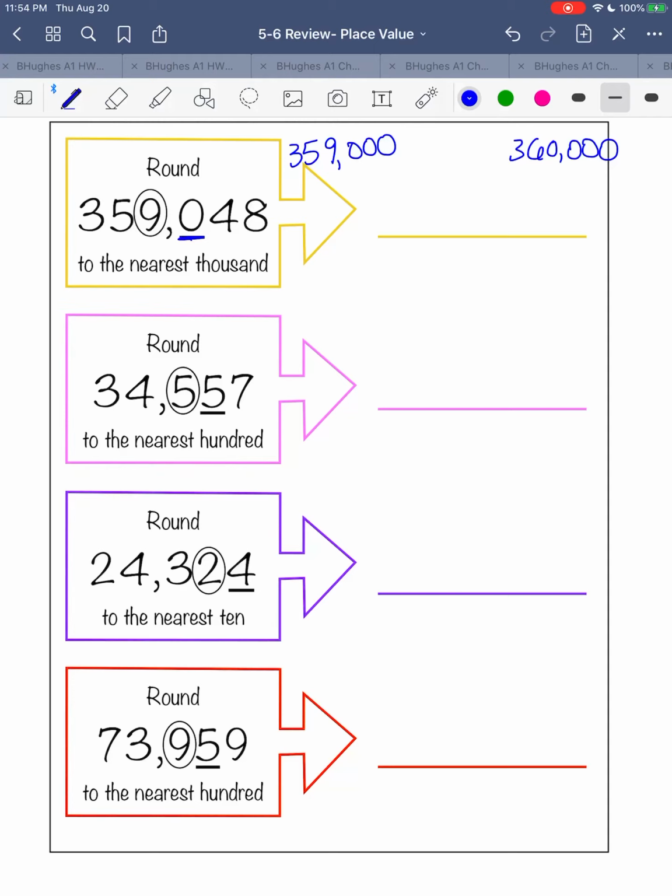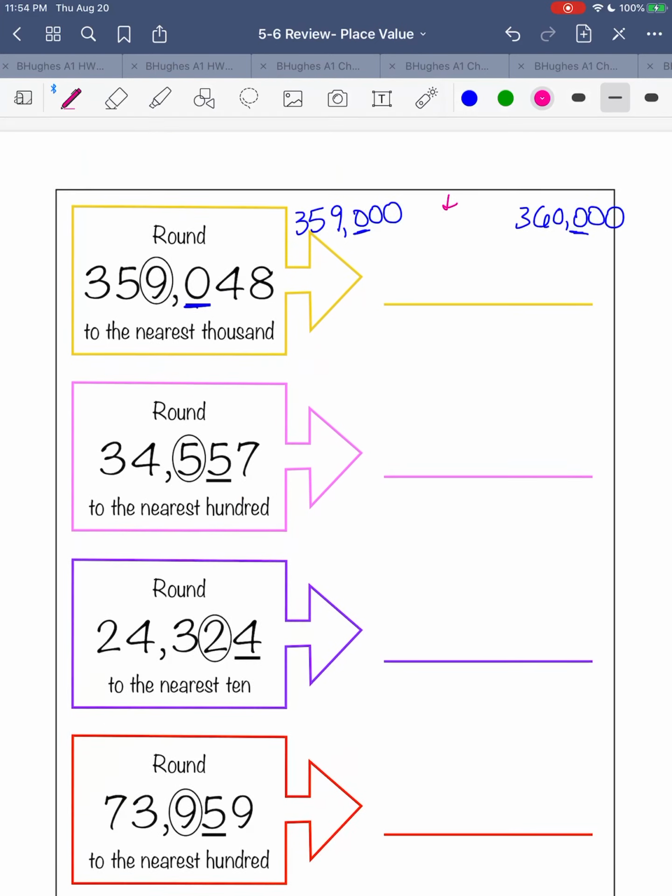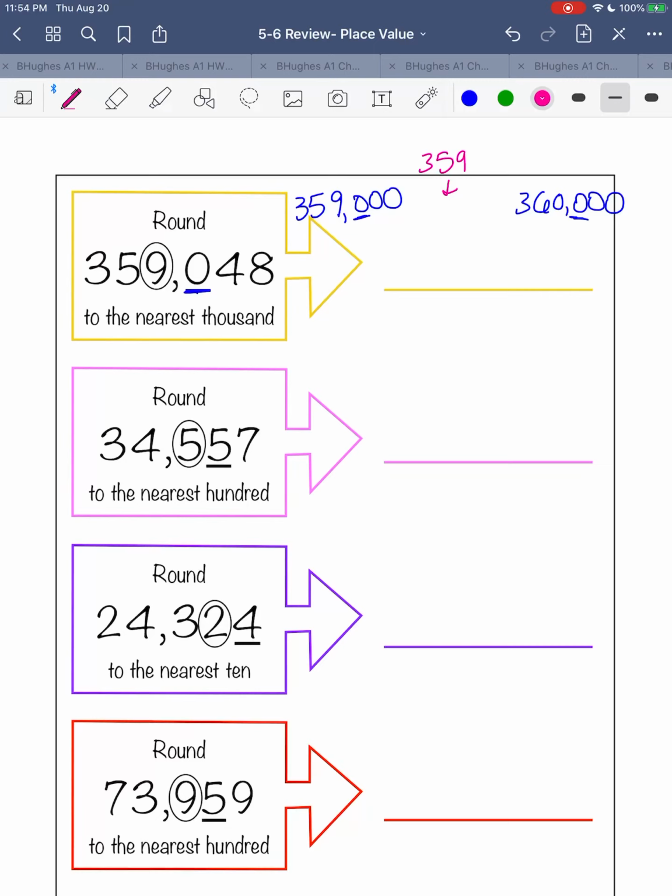So now we look at the hundreds. The hundreds has a 0 in it, but we know that if we're looking at the hundreds that are in between 359,000 and 360,000, that midway point is going to have to be 359,500. Well, clearly 48, right? You could see that.